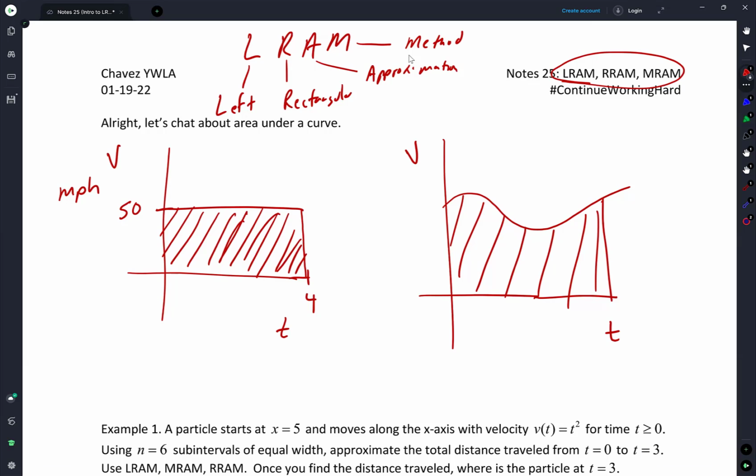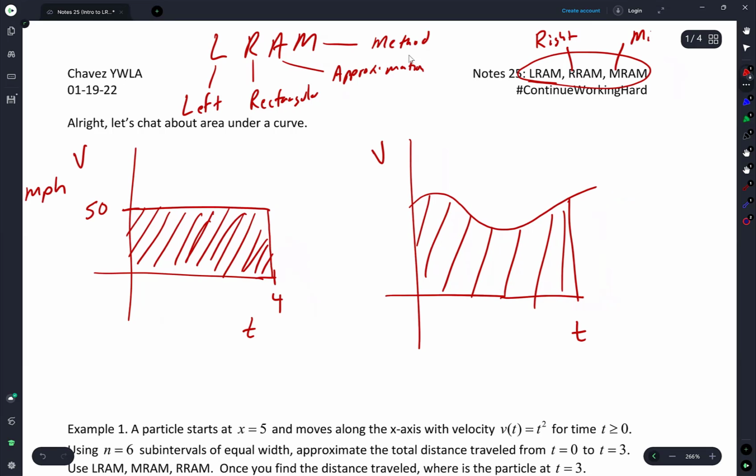What do you think the R stands for? Right. What do you think the M stands for? Middle or mid. And we're all going to be doing examples of, I can never spell it correctly, Riemann sums. And we'll talk about this Riemann guy.